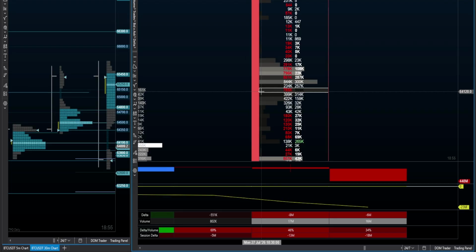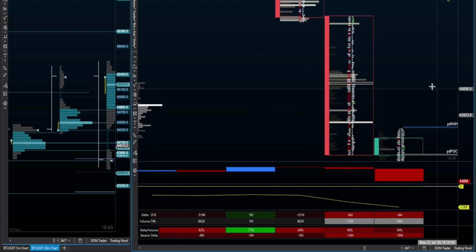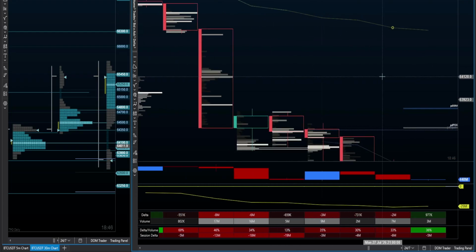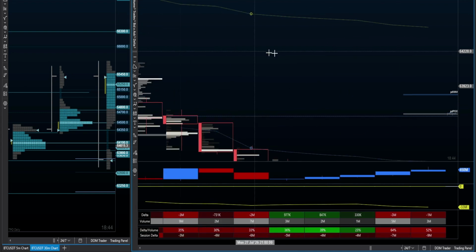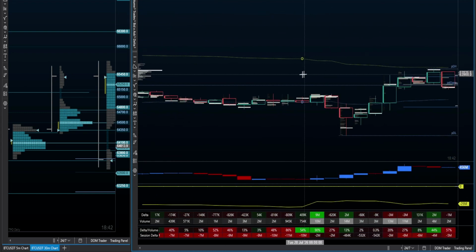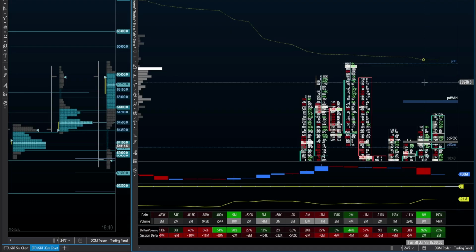Sellers think that 64100, 64180 is a good price to sell their Bitcoin. Now if we fast forward, remember this price, 6410 and 6418, we can see that we're currently rejecting from that.